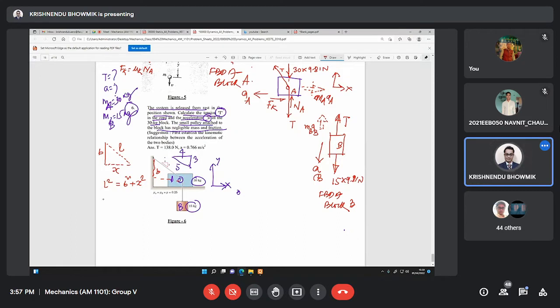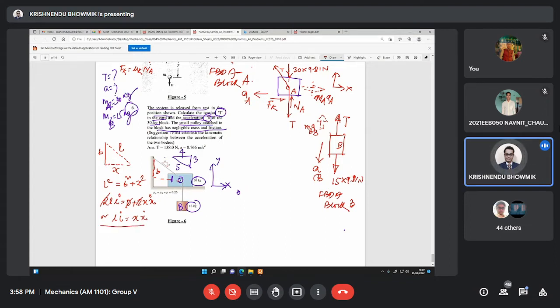Then if I do the derivative, 2L L dot equal to 0 plus 2x x dot. The 2 will cancel out, or L L dot equal to x x dot.